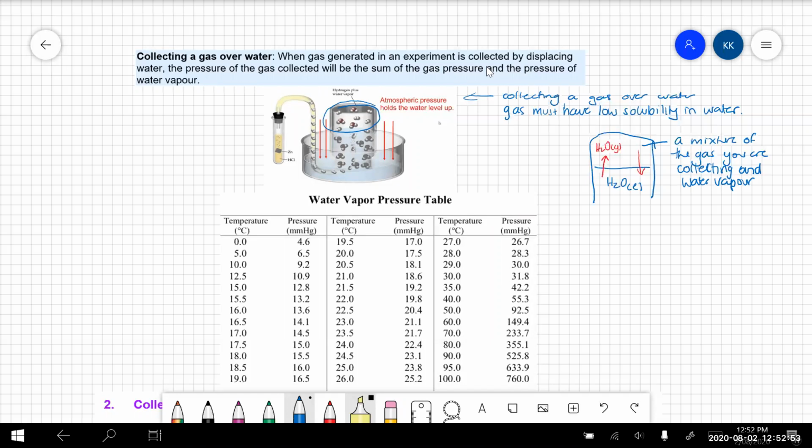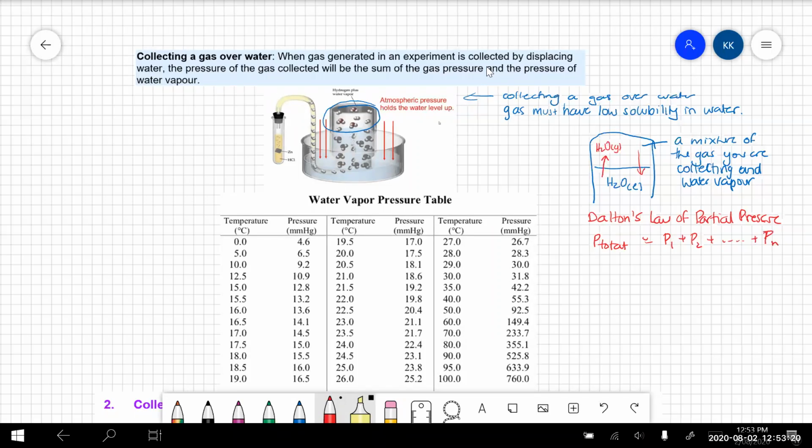And we know who to turn to when we need to do calculations involving mixtures of gas, don't we? This is where we have Dalton's law of partial pressures. It says in a mixture of gases, the total pressure is equal to the sum of the individual pressures of each of the gases in the mixture.